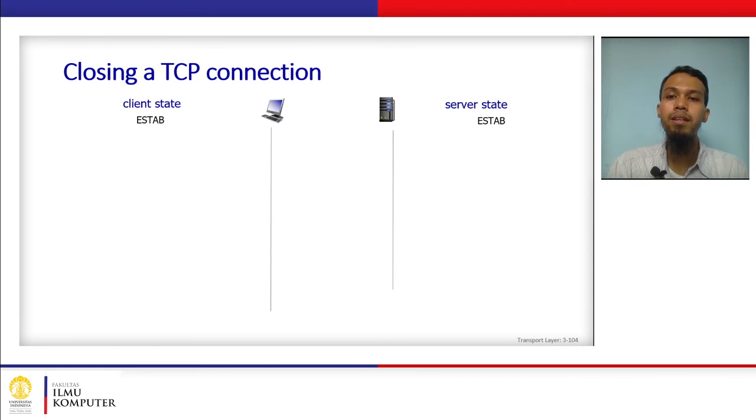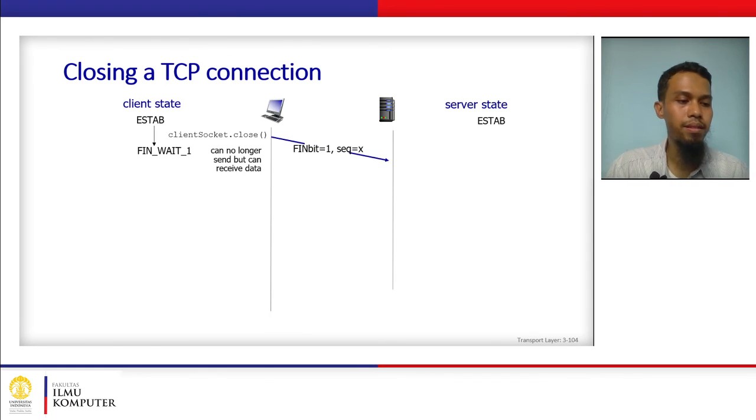Okay, let's take a look at the flow diagram here. If the client wants to close its TCP connection, it sends the FIN message to the server. The sequence number can be X, or it's just the last sequence number sent by the client. It's a different X from what we have seen in the TCP SYN.